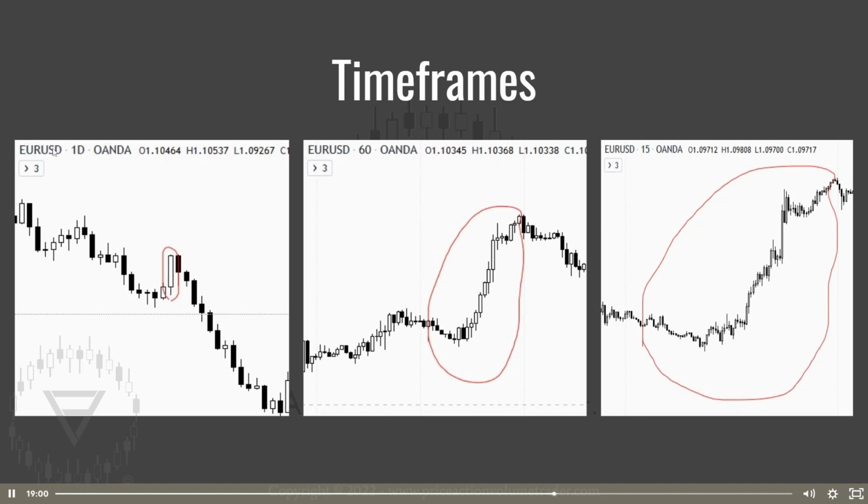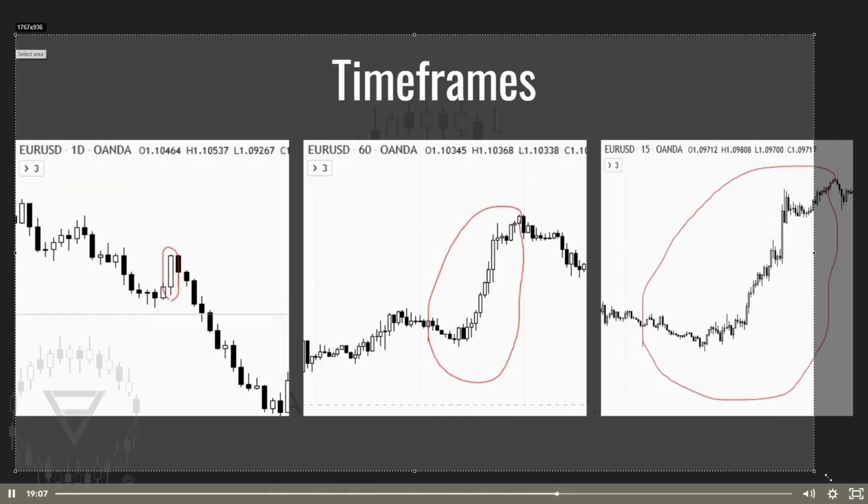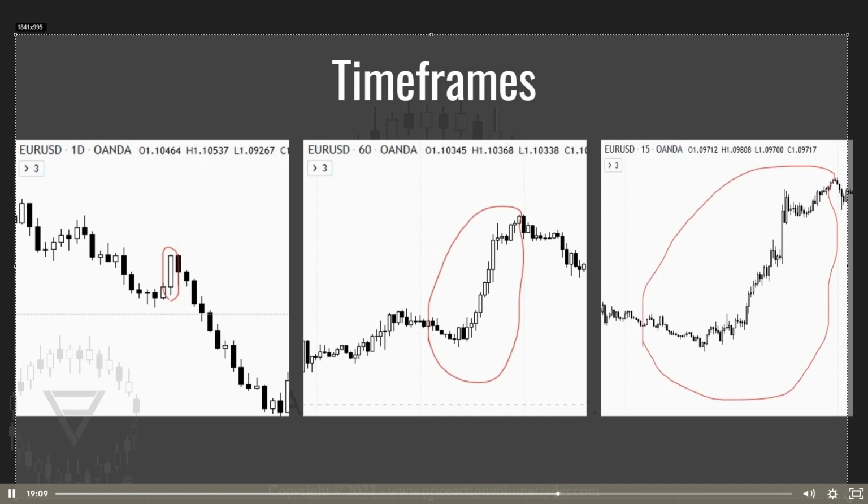Here we have a forex chart of Euro US dollar. First, we have a daily chart right over here. So what can we observe on the daily chart? Well, we're going to be focusing on this big green candlestick right over here, this bullish candlestick.